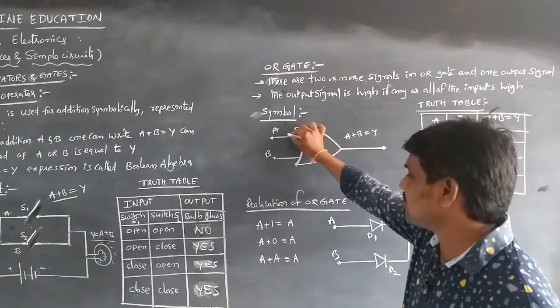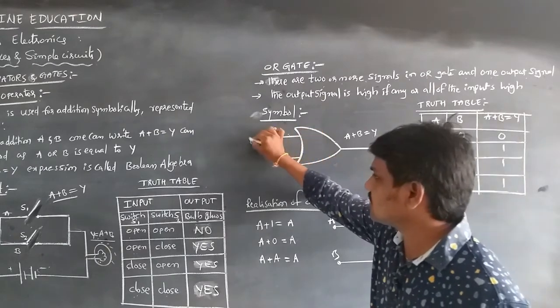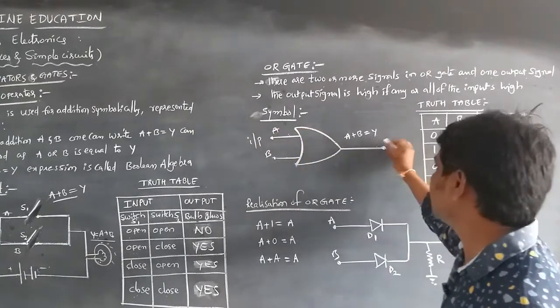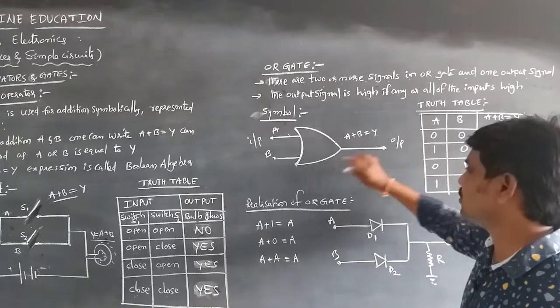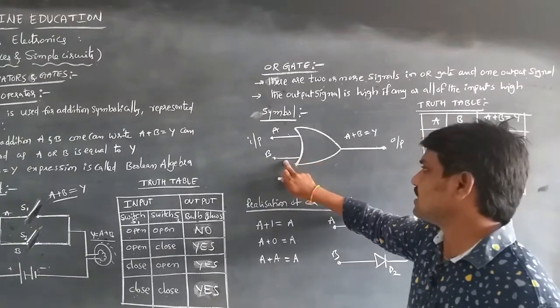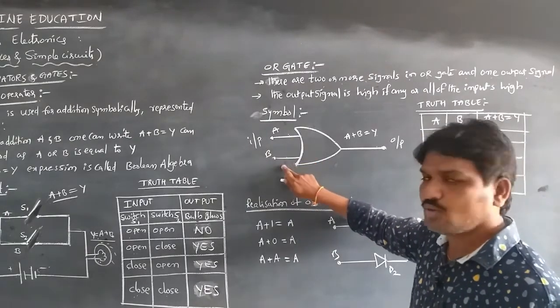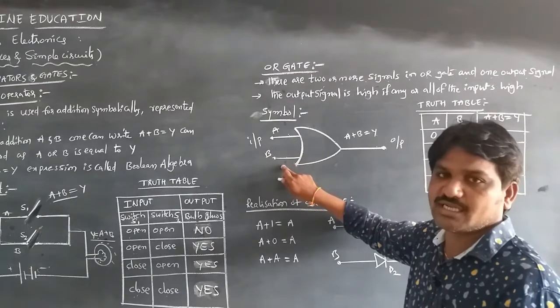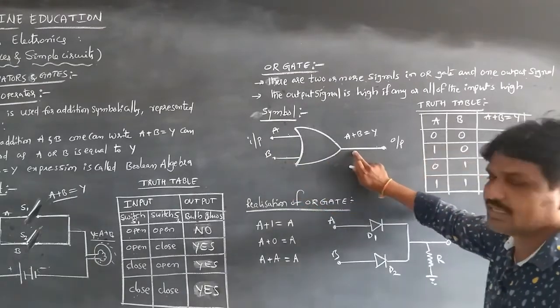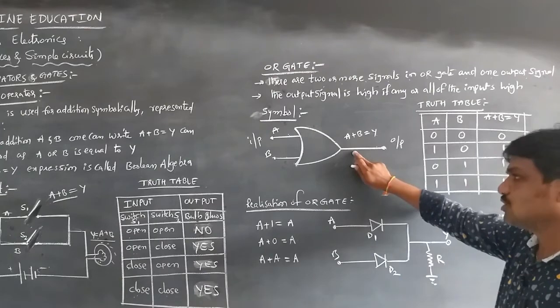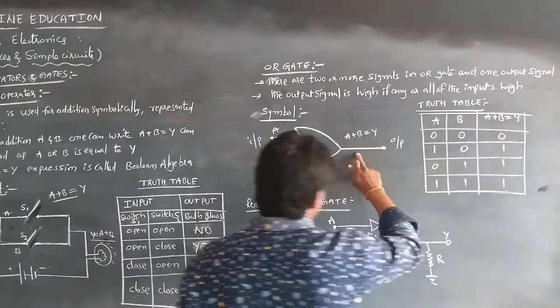This is the A terminal where we give the inputs, and this is the output. So from that, we can get the truth table like this.